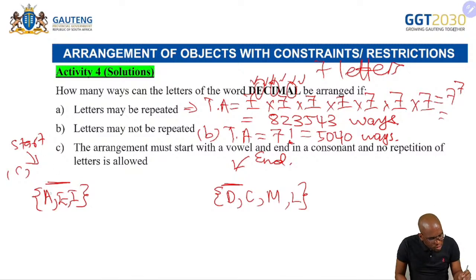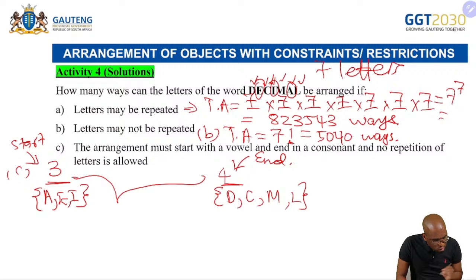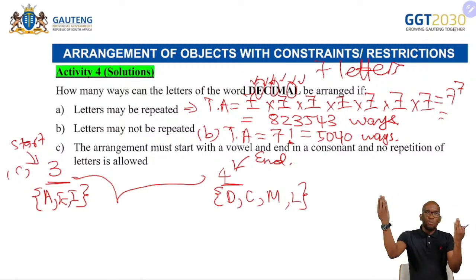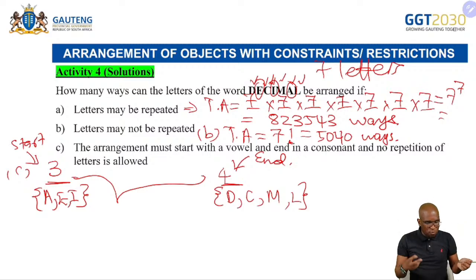So how many options do we have of starting with a vowel? It's 3 options because there are 3 vowels. How many options do we have of ending with a consonant? It's 4 options because there are 4 consonants. We've used 2 letters, 1 at the beginning and 1 at the end, so we are left with 5 letters.